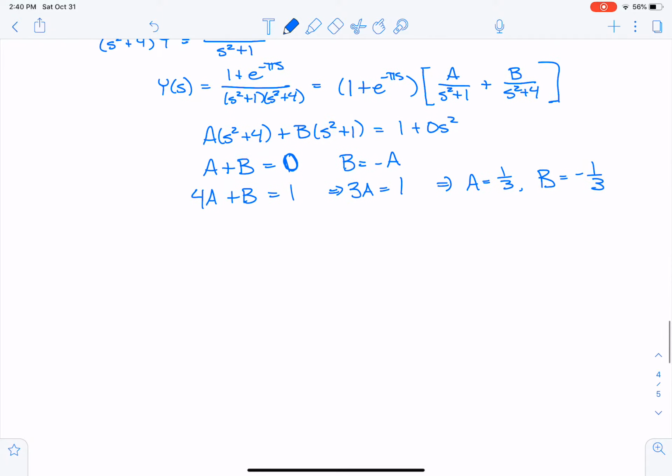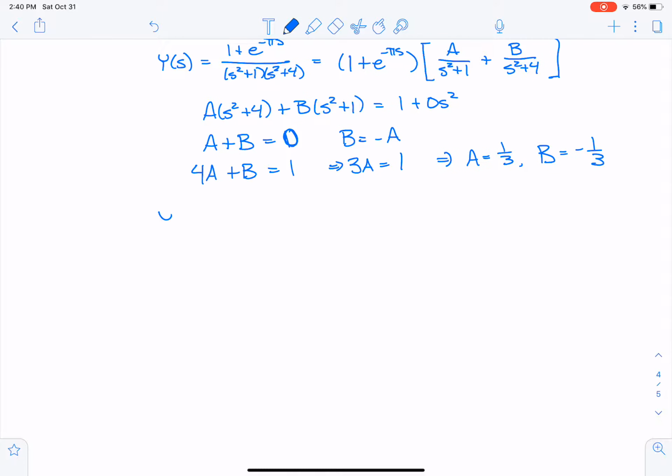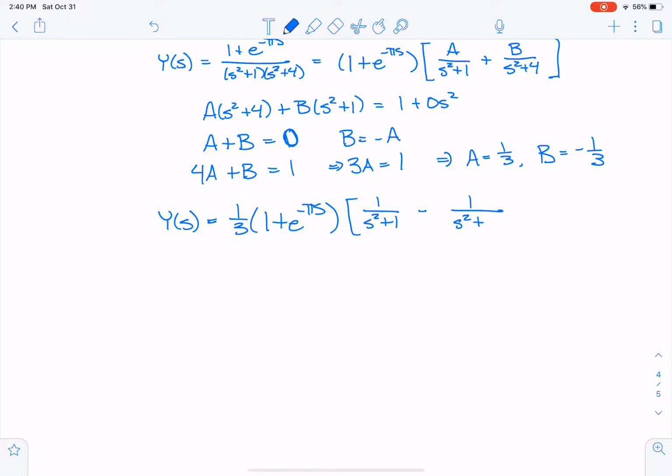So we can rewrite Y of s as 1/3 times 1 plus e to the minus pi s. Here I'm just going to factor out the 1/3 to make my life easier. Then I'm going to have a 1 over s squared plus 1, and then minus 1 over s squared plus 4.